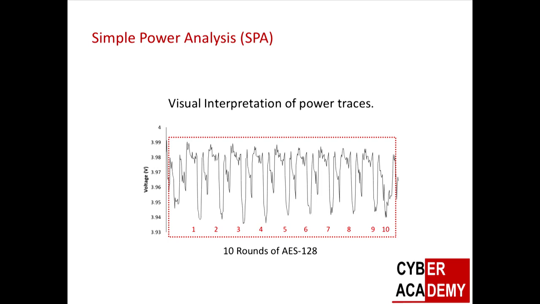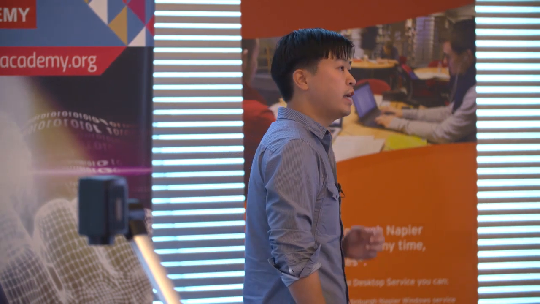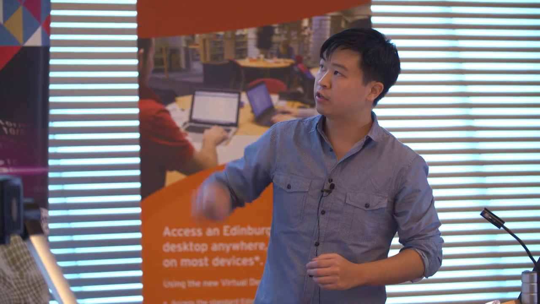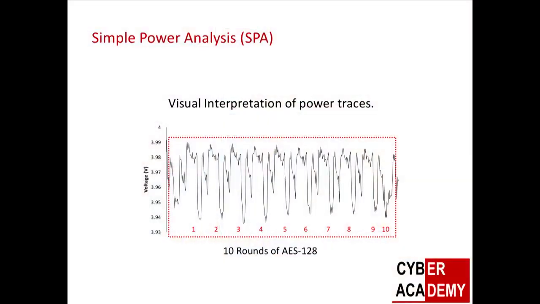If you're familiar with the inner workings of AES-128, and I will come back to the details of how AES-128 works later on, you will know that there are 10 main rounds of operation in AES-128. Focusing on that graph, specifically on the nadirs, the lowest points in your data, you can easily tell from visual analytics alone that there are 10 unique-looking nadirs, which relate back to the 10 rounds of operation in AES-128.